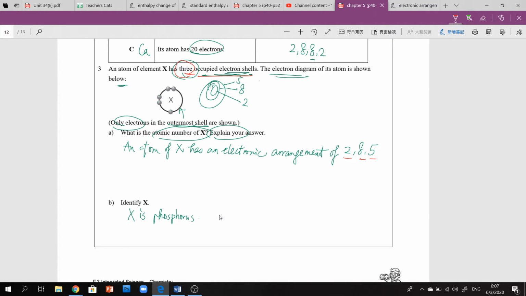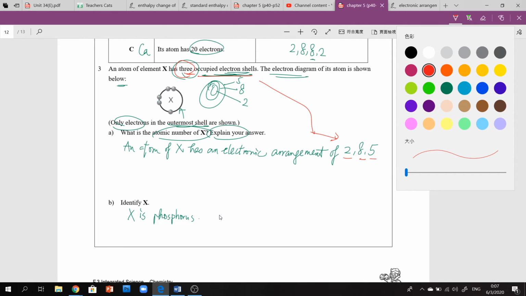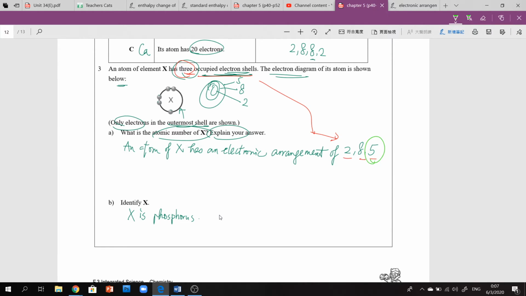3 occupied electron shells. Okay, and finally this part 5 here, which agrees with this part. Is that clear? So an atom of X has altogether 15 electrons.